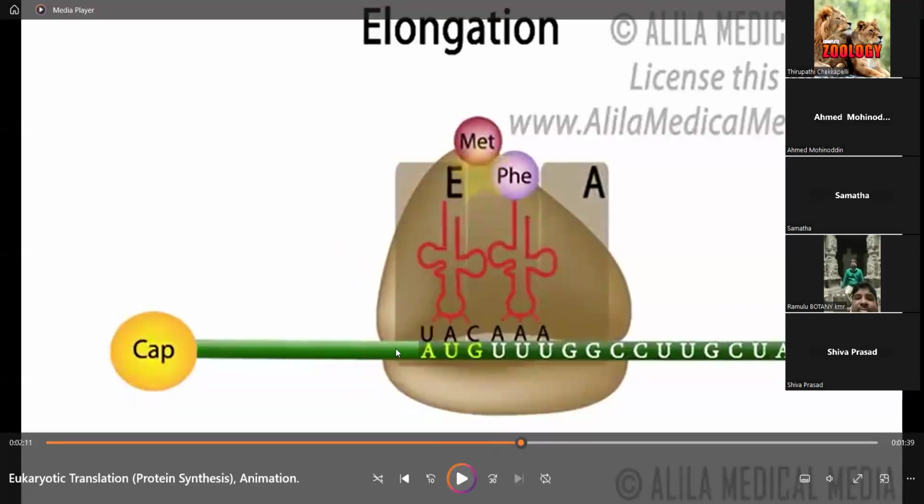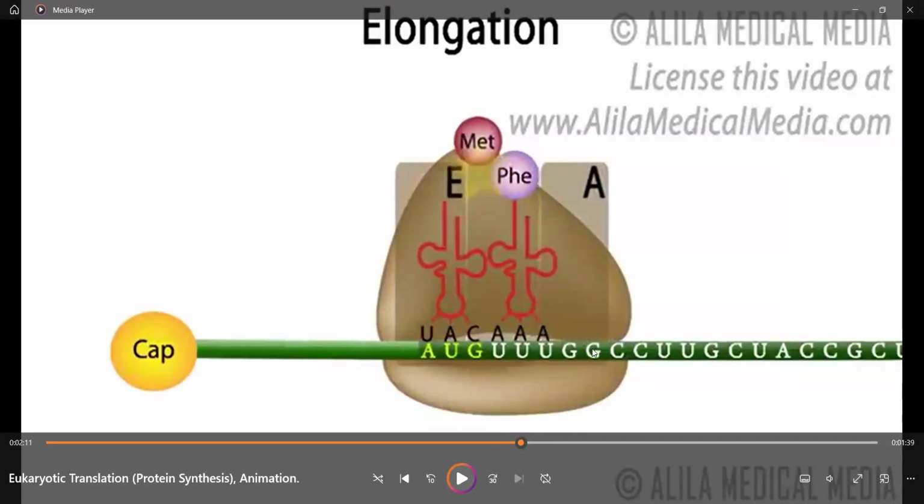Now the ribosome moves one step forward. Due to that, the first tRNA, which has become empty without an amino acid, reaches this exit region.